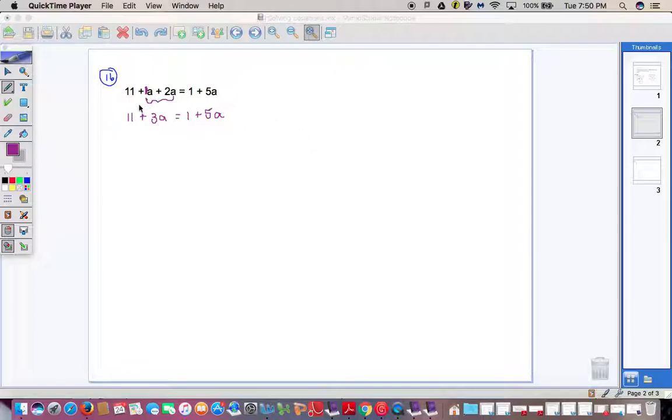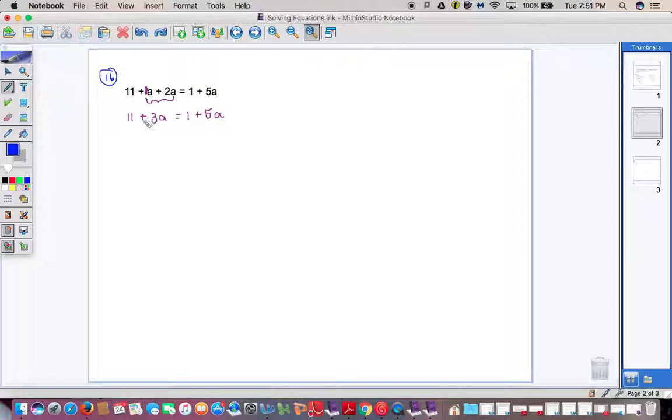I've finished step 1, that's great. I've simplified each side of my equation, but now I need to isolate my variable term to one side. I currently have variables on both sides of my equation, so I need to move my variables to one side. I can do that by addition and subtraction. You want to do the inverse operation.